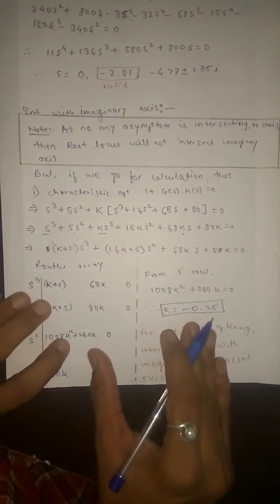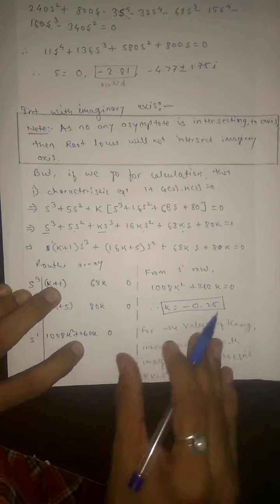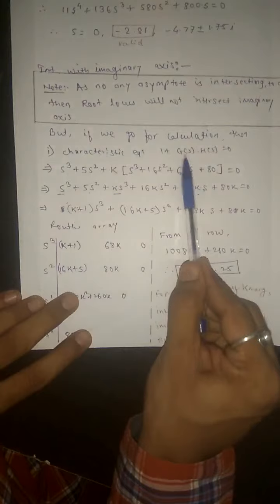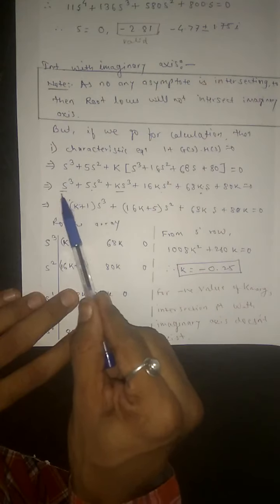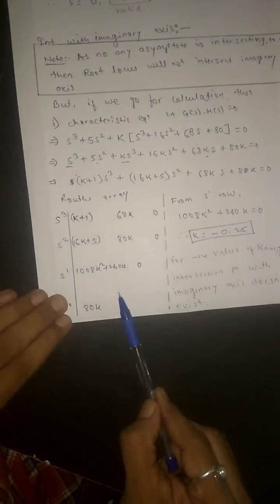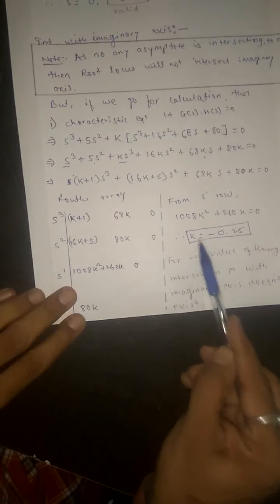If you can't judge whether you need to calculate the intersection with the imaginary axis or not, you can directly go for the calculation. Construct the characteristic equation as we have arranged, then arrange the complete equation in order, then make the Routh array as we have discussed in previous numericals, and calculate the value of K marginal.